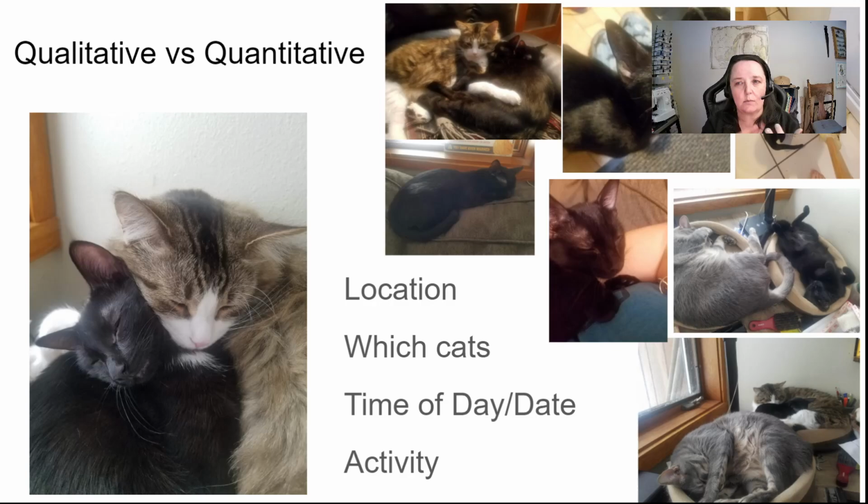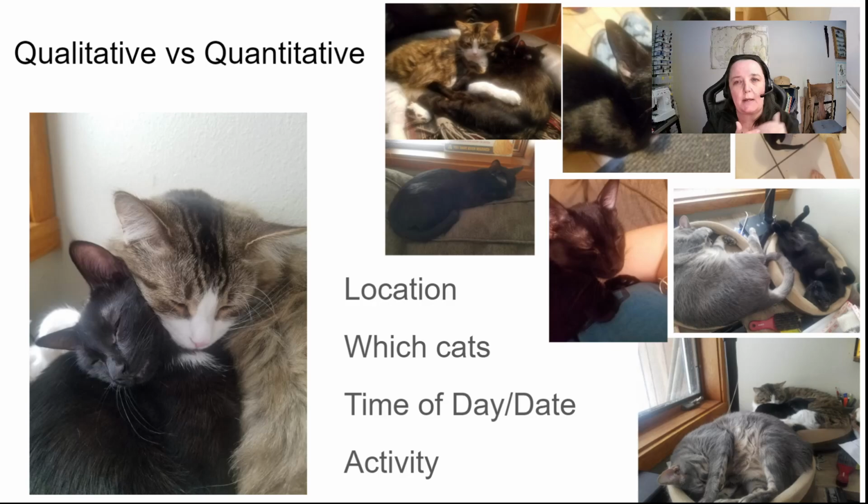But if we take all of the photos together and group them and look at their metadata, their basic information, like when they were taken and where they were taken, and maybe by who, we can then start to get quantitative information about how much time the cats spend doing different kinds of activities, where they are located most of the time, what are their favorite places, right? So we can quantify the information about the cats.